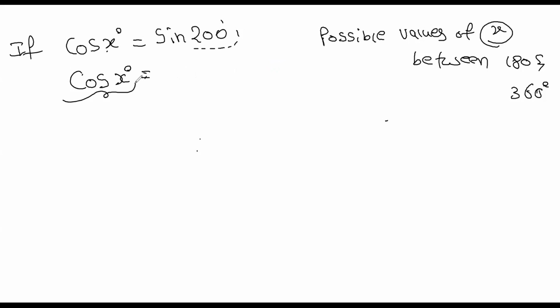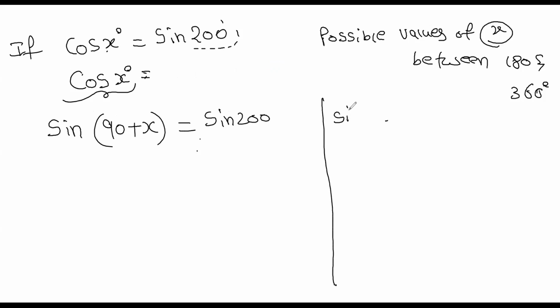So what are the values of x? 90 plus x should be equal to 200. So sine of 90 plus x is one value.